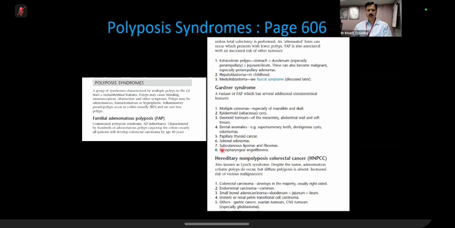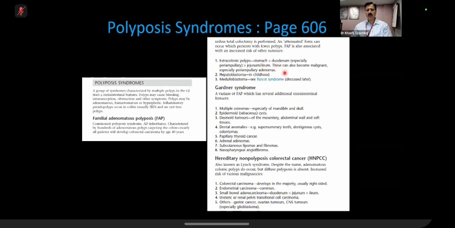The most important ones are, this is page 606 in your book, familial adenomatous polyposis and Gardner syndrome, and they come in the exam again and again. The other ones are in the list, some of which I have cut from here. Now, the point to remember is that other than colon, polyps can be in other parts of the GIT. Look here, extracolonic polyps, stomach more than duodenum.